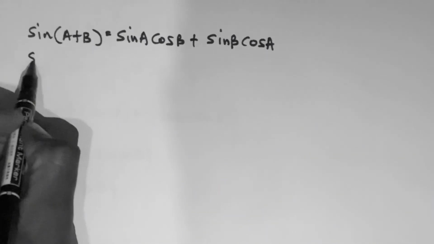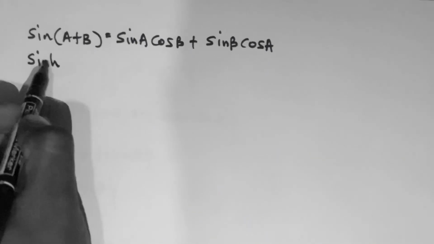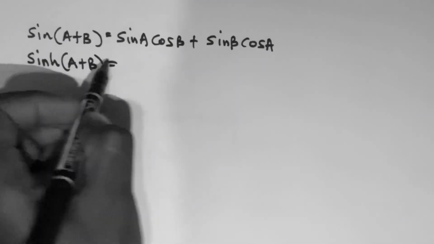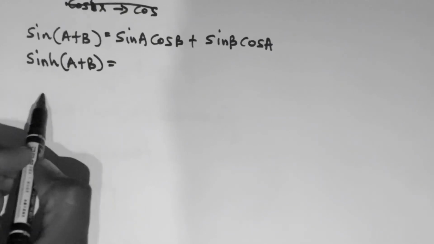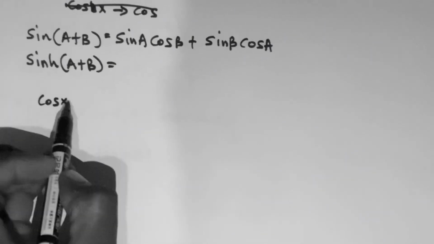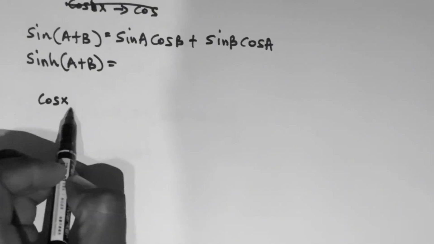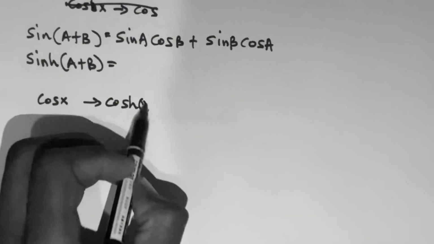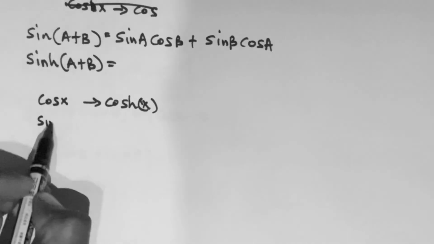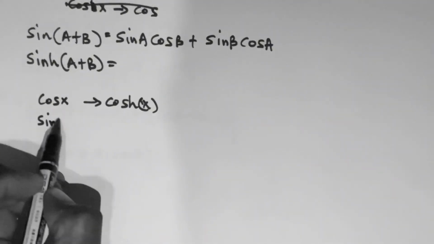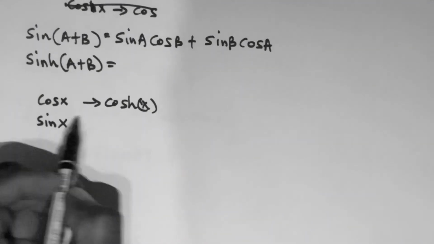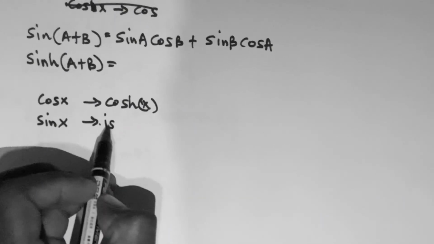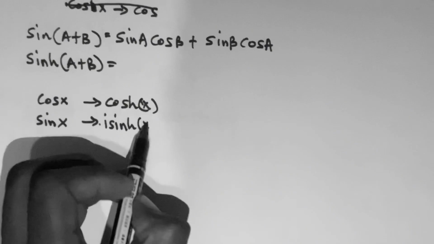So in terms of hyperbolic functions, sinh A plus B is equal to, remember we said cos x, replace it with cosh x, and then the sine x, as we have already proved, you replace it with i sinh x.